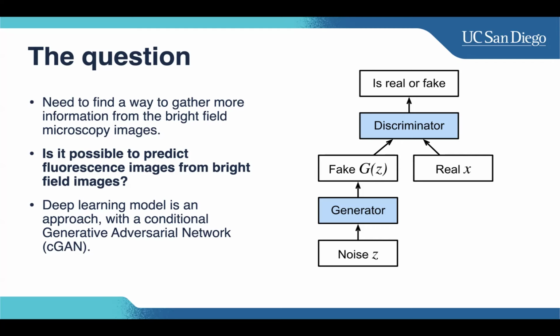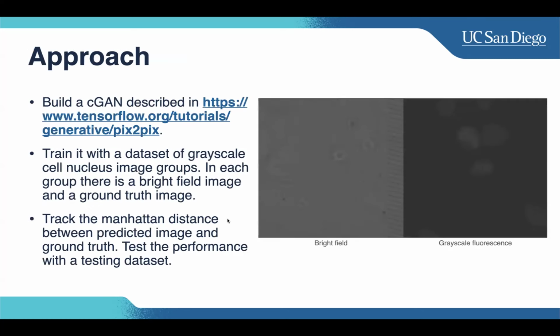And a conditional generative adversarial network, or CGAN, is basically a GAN that receives extra information to control what is generated. In this project, I will build a CGAN called pix2pix, described in this article linked here.